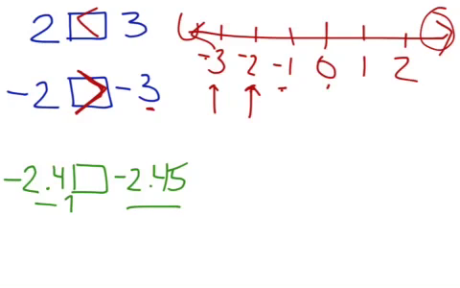Well, this is 2.40 and 2.45, and since the 5 and 0 are in the same place values, and 5 is bigger than 0, that means the one with the 5 is our bigger number. So normally, if both numbers were positive, I would write a sign like that, but they're both negative, so I'm going to do it the opposite way. There, so that's my answer. So -2.4 is actually bigger than -2.45.